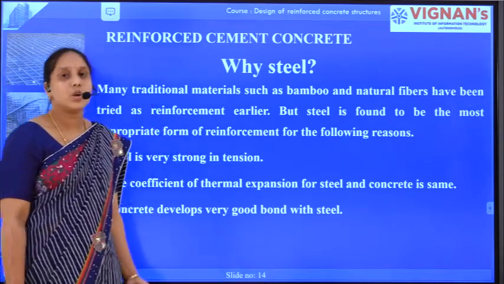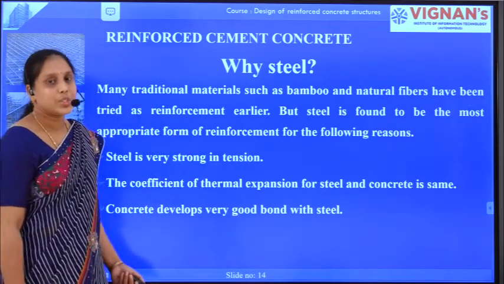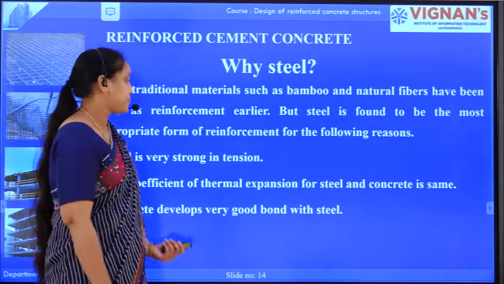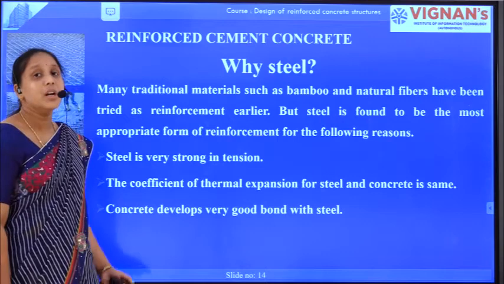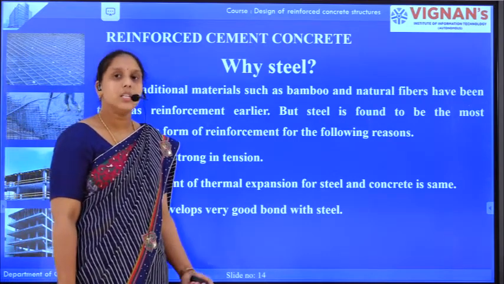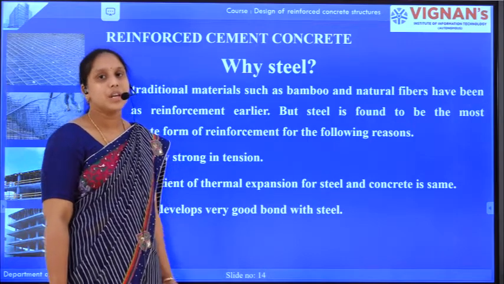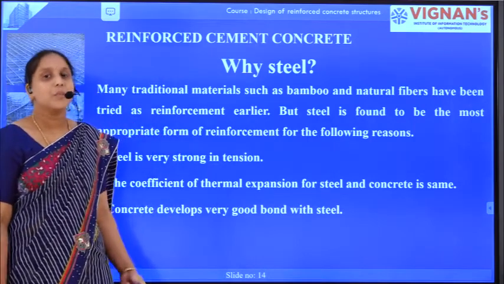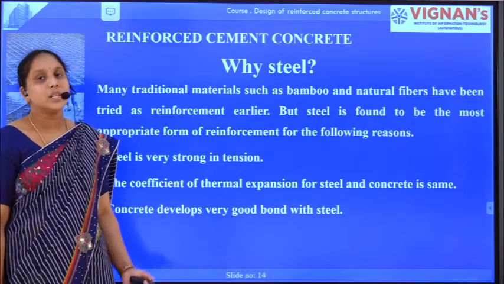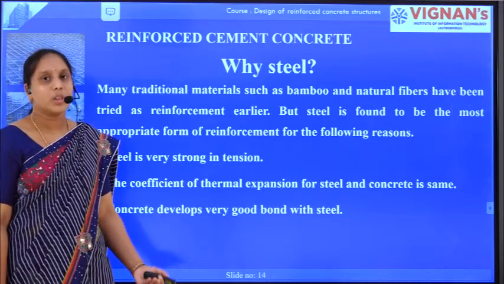So for that reason also steel is used as a reinforcing material in RCC. And the next one is that the concrete develops a very good bond with the steel.